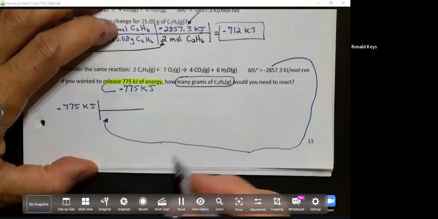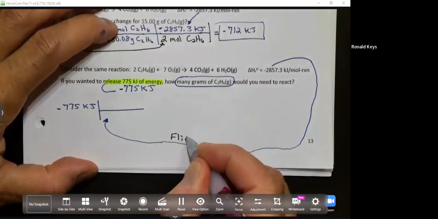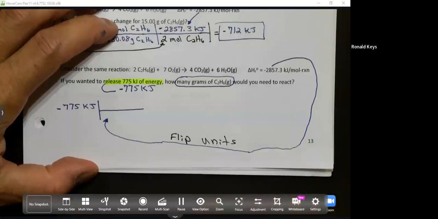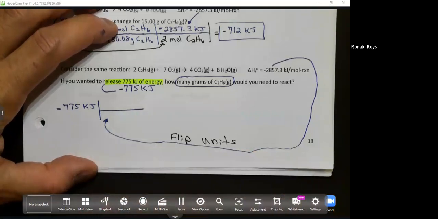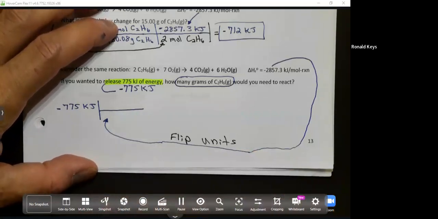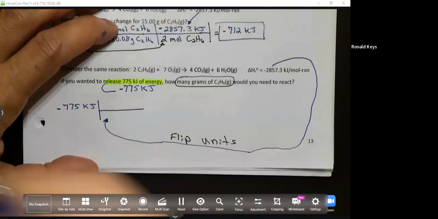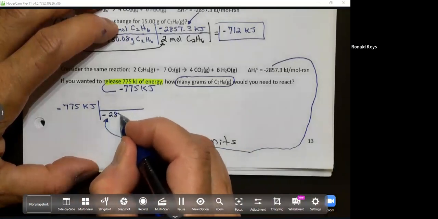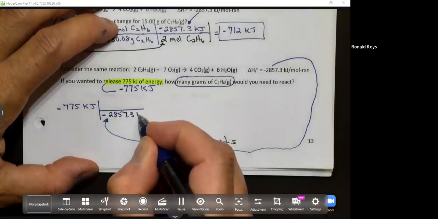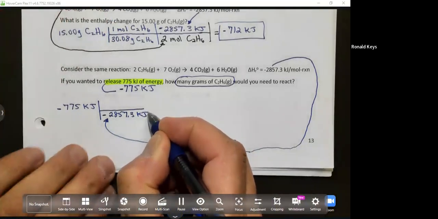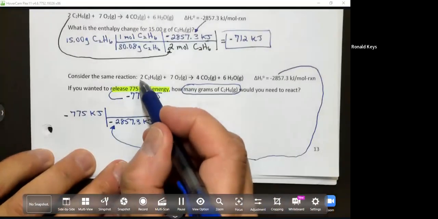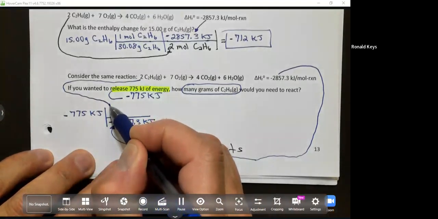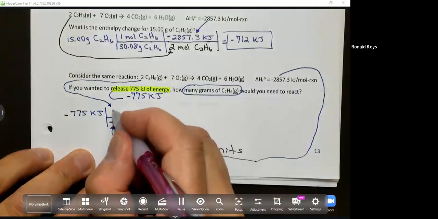And I also need to do this. I need to flip the units, right? I'm going to flip the units. I'm not going to put in kilojoules per mole. I'd end up with kilojoules squared. I'm going to flip my units to get them to cancel out. So first off, I'm going to put my -2857.3 kilojoules there. I take into account the balanced equation here. Two.